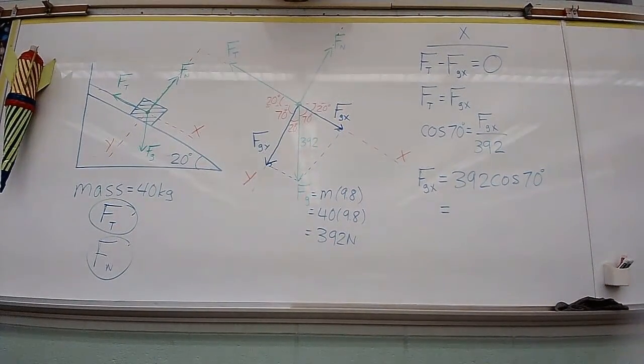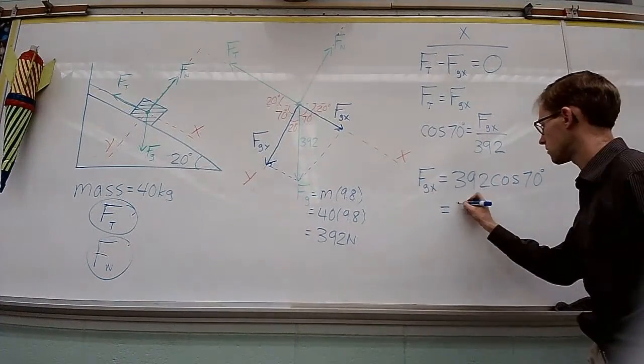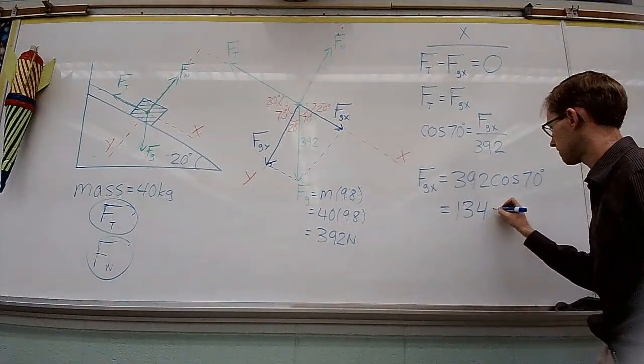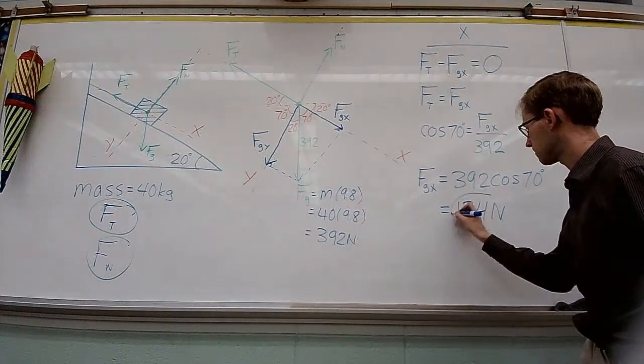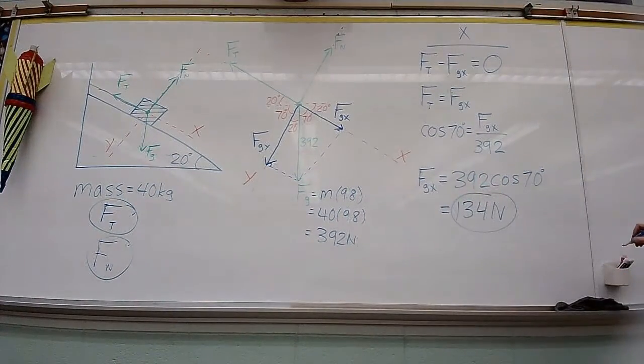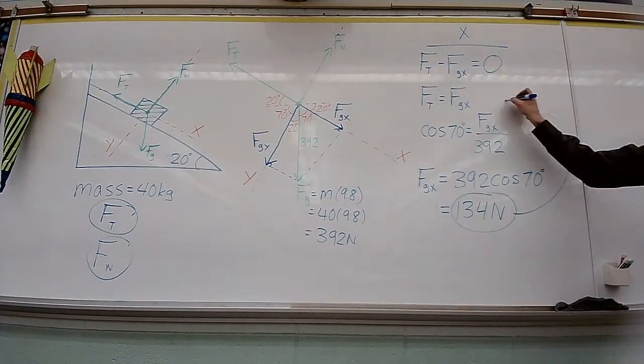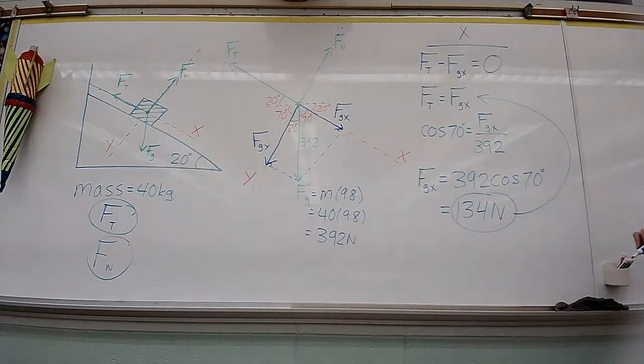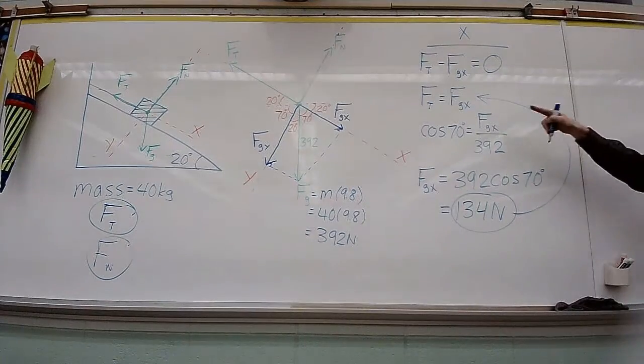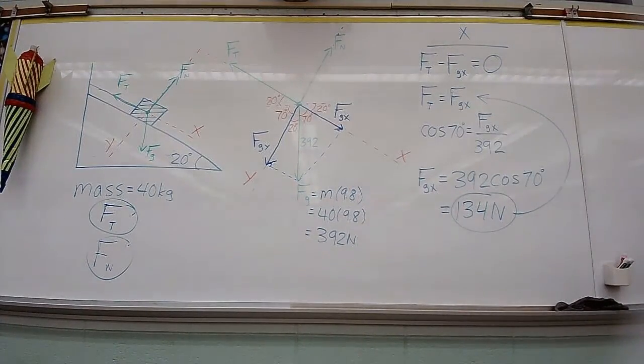And if you multiply that all out, I think you should end up with 134 newtons. And because 134 newtons is equal to FGX, that's also equal to tension force.